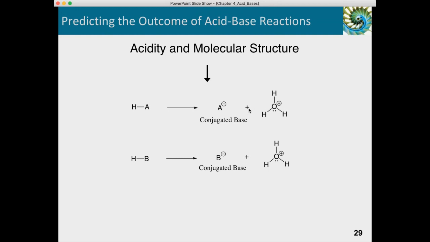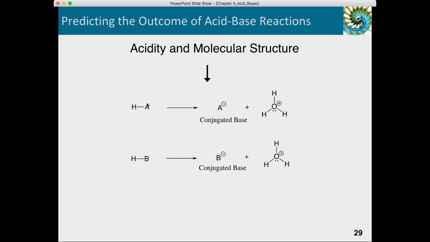Let's assume we don't have the pKa values. So the reasoning that we are going to be doing, and this is important because once again, this class is about reasoning. Whenever I have to compare acidity based on molecular structure, I will be looking at the stability of the conjugate bases.